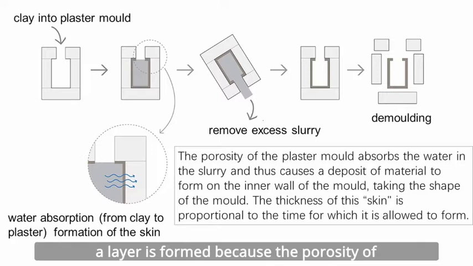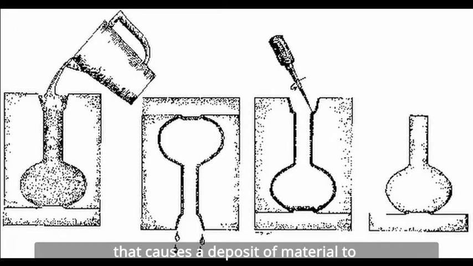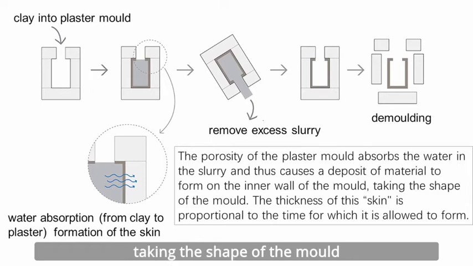A layer is formed because the porosity of the plaster mold absorbs the water in the slurry. That causes a deposit of material to form on the inner wall of the mold, taking the shape of the mold. The thickness of this skin or layer is proportional to the forming time.